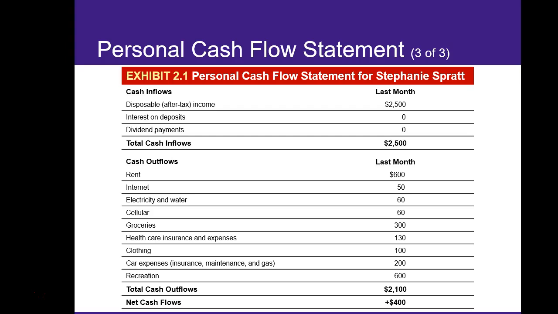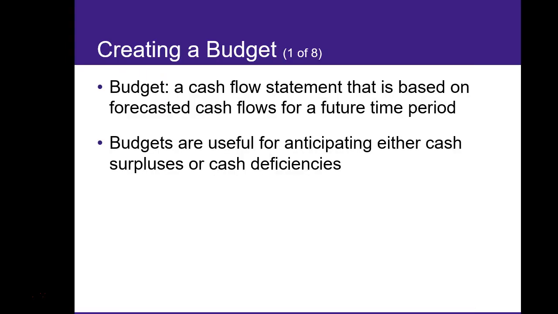For this particular month, at the end of the month, there was a positive net cash flow in the amount of $400. Therefore, Stephanie earned more than what she spent and had a surplus at the end of the month in the amount of $400.